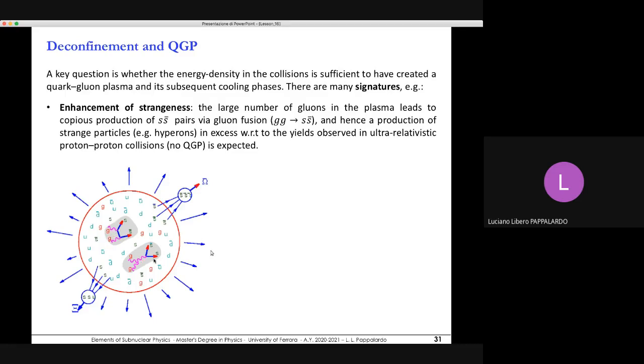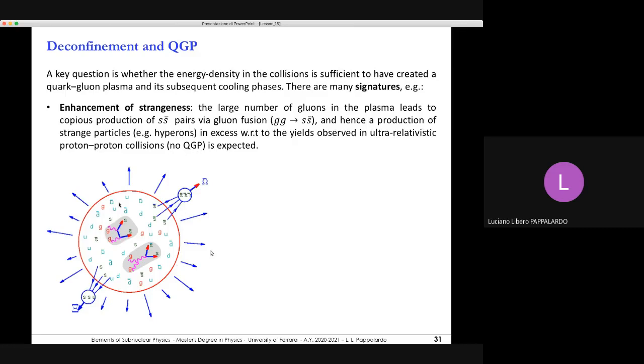This happens very often because we have a huge number of hot gluons in this plasma. So one expects an excess of strange particles, such as hyperons, in ultra-relativistic heavy ion collisions with respect to proton-proton collisions, where one does not expect the formation of quark-gluon plasma.